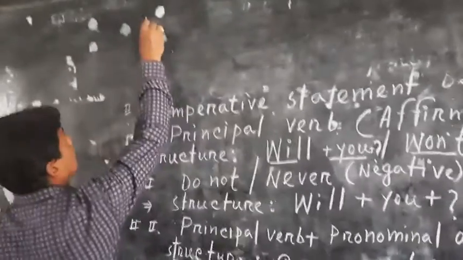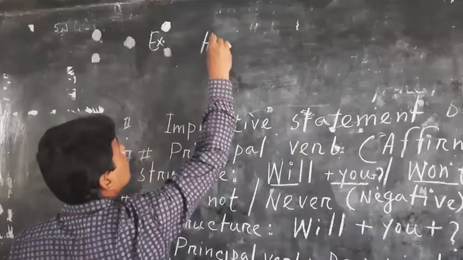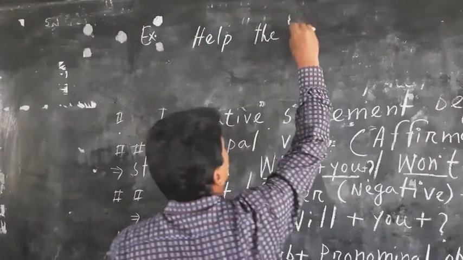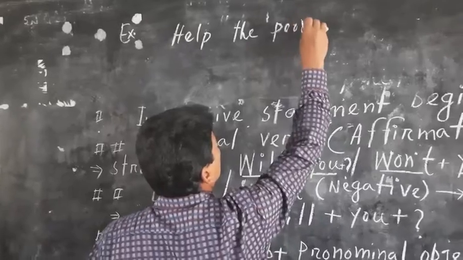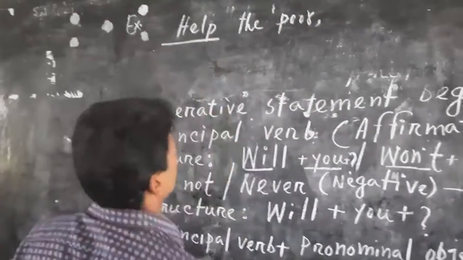Such as example, help the poor. Here the sentence begins with principal verb.